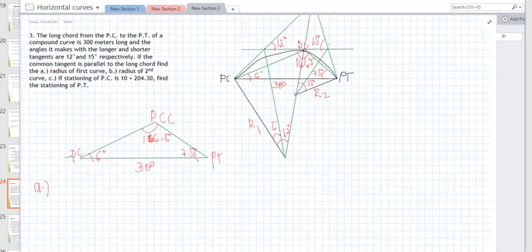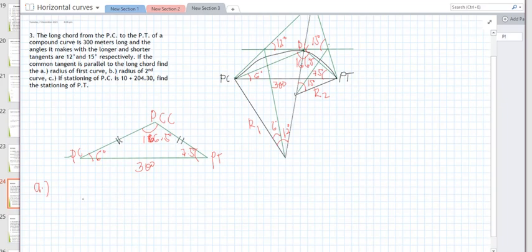So for letter A, using sine law, let's focus on this triangle. So this is apart. So sine law, we're looking for this value.